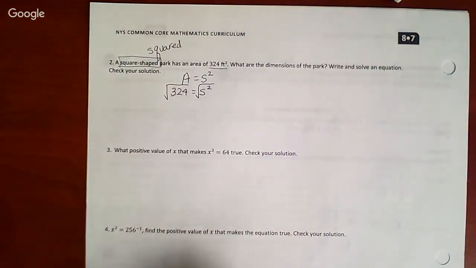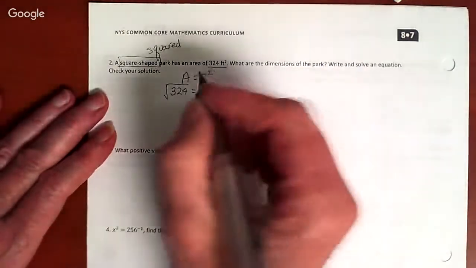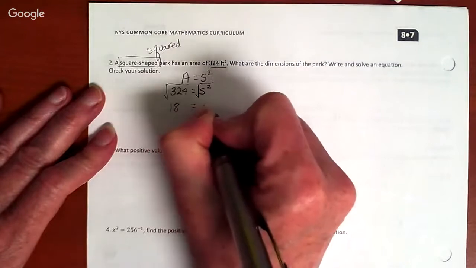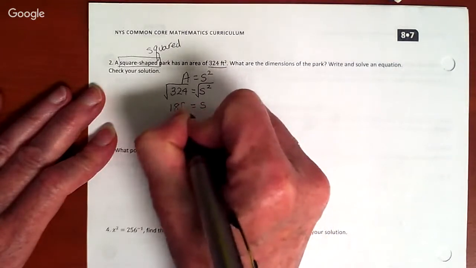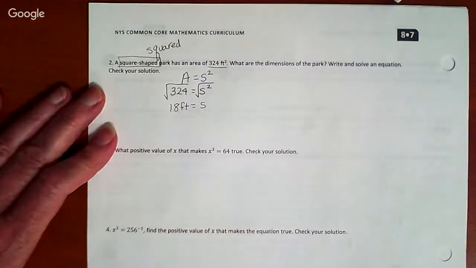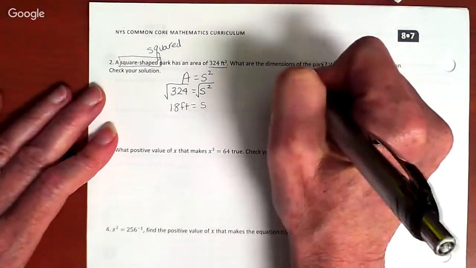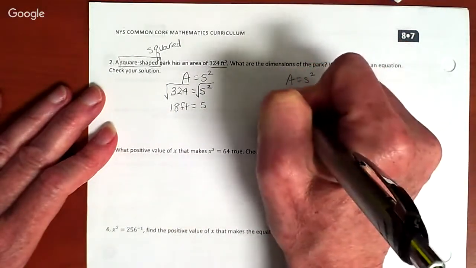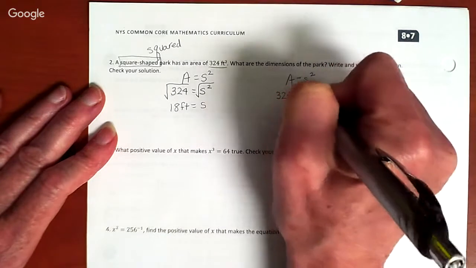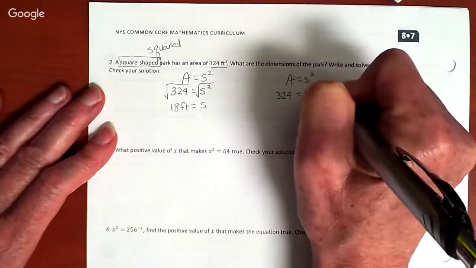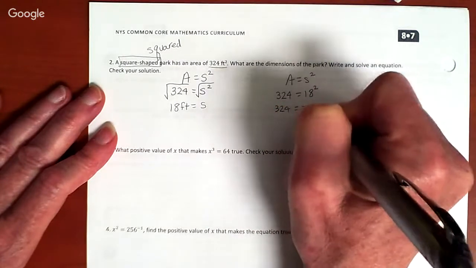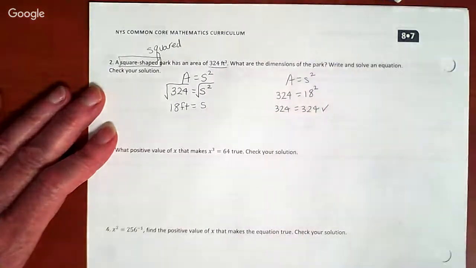So now when I do that, I have 18 equals s. So my side is 18 feet. To check that, I have A equals s squared. So 324 equals 18 squared. 324 equals 324, and it checks.